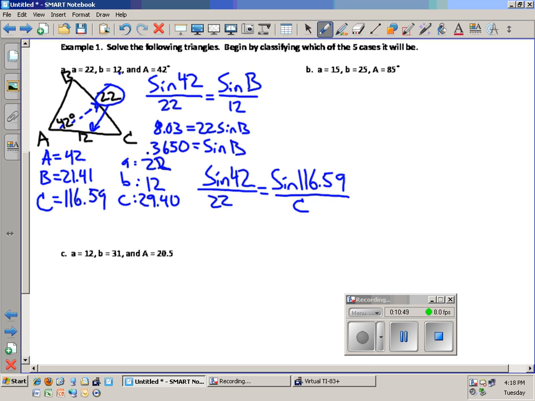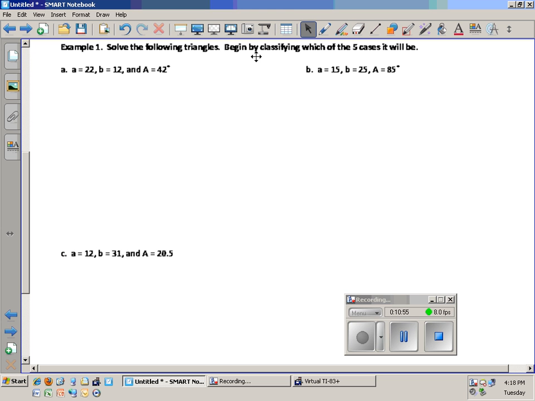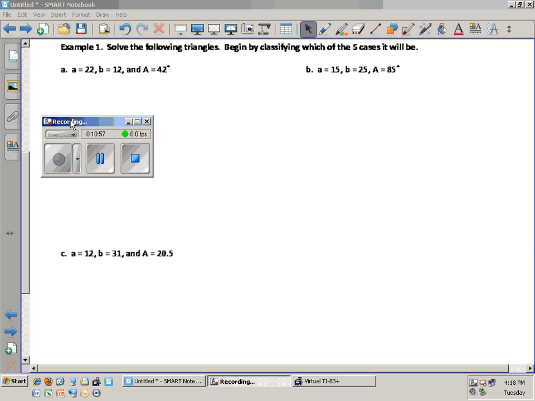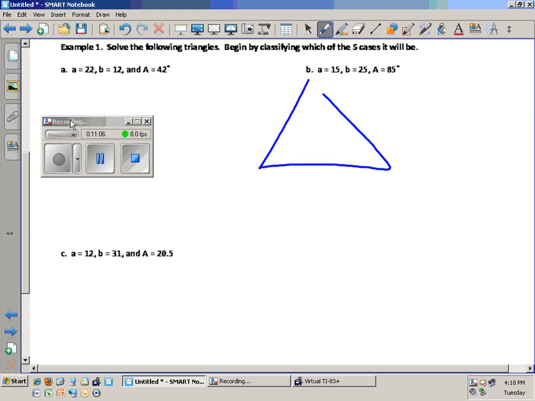We'll move on to the second one. I'll erase this, give myself more room. This one, side A is 15. Side B is 25. Angle A is 85. Draw my shape. Call it A, B, C. A is 15.